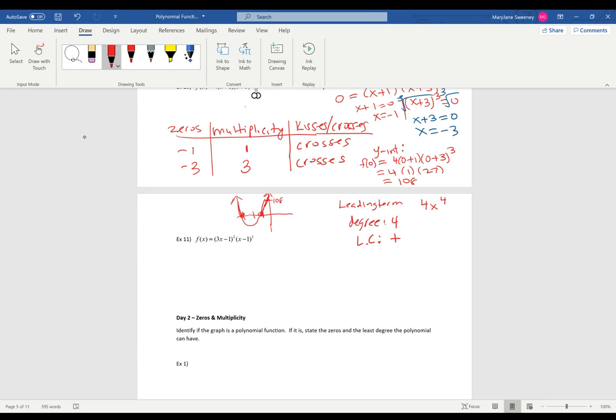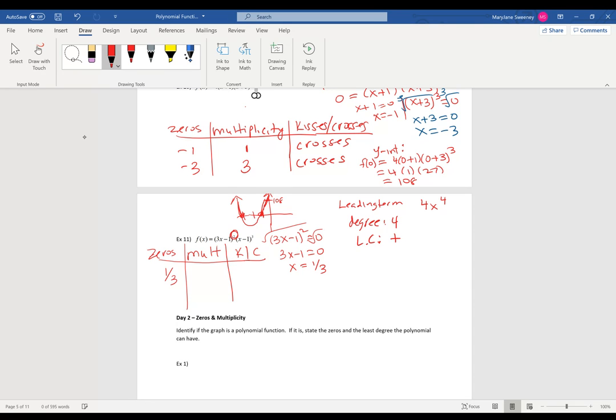For this last one, I could do the same thing I was doing before: zeros, multiplicity, kisses or crosses. So let's think of setting these equal to 0. If I had (3x - 1) squared and I set it equal to 0, I'd take the square root: 3x - 1 is 0, x is 1/3. So 1/3 is one of my zeros.